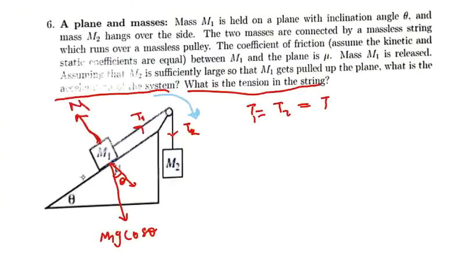Since it's sliding and there is a frictional force between the block and the inclined plane, the frictional force will be pointing in this direction, opposing the motion, which is F equal to mu k N, where N is the normal.